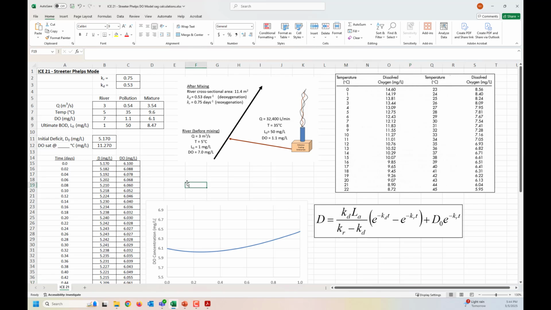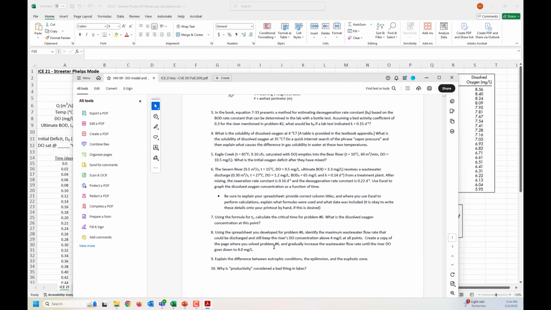And what's nice is in the homework, you're going to be asked to do some calculations related to the maximum amount of, let me show you on the homework: using a spreadsheet you developed, identify the maximum wastewater flow rate that could be discharged and still keep the river dissolved oxygen concentration above 4 milligrams per liter at all points.